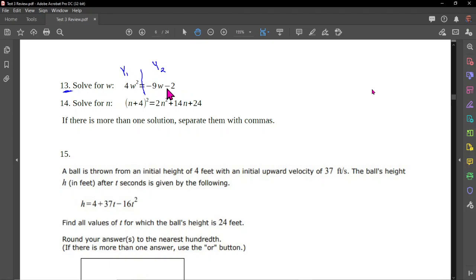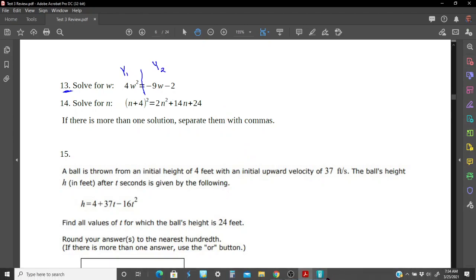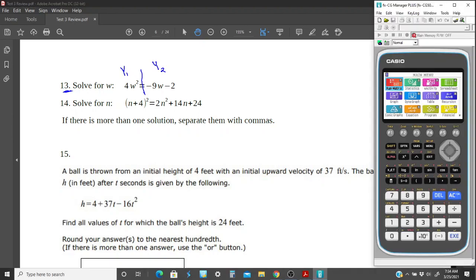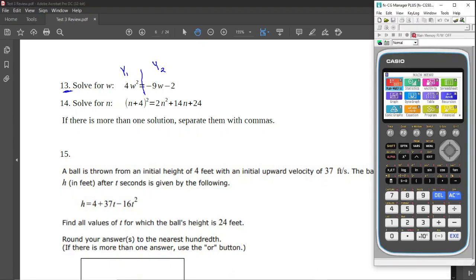So this part over here is y2. We'll put those in, and wherever they intersect is going to be the solution, because that's where they're equal: they cross each other's path, and at that point they are equal. And there may be more than one, and in this case I think we have a really good chance of that happening.